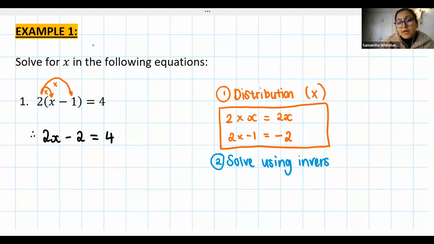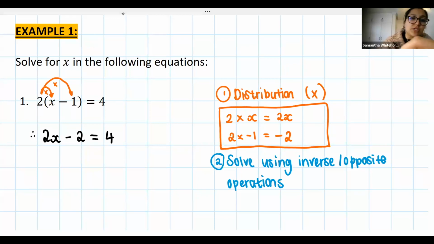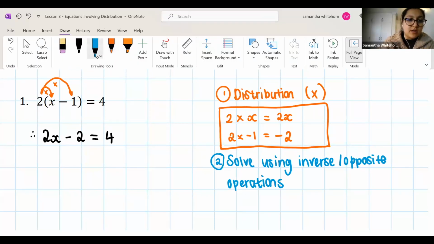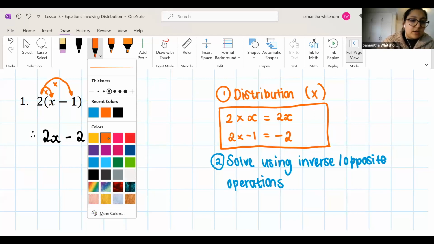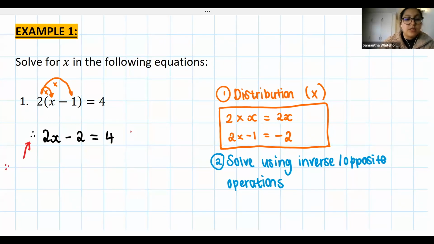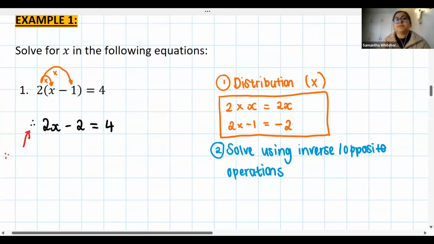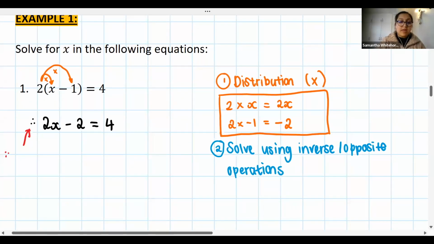Remember, inverse operations is another way of saying we use the opposite operation. We solve our equation doing the opposite of what we originally had. Just a very quick side note, because I don't know if I explained this last time, or if teacher Jen explained it in her lesson with you last week Monday. These three dots over there, the 3 dots in a triangle, they mean therefore.